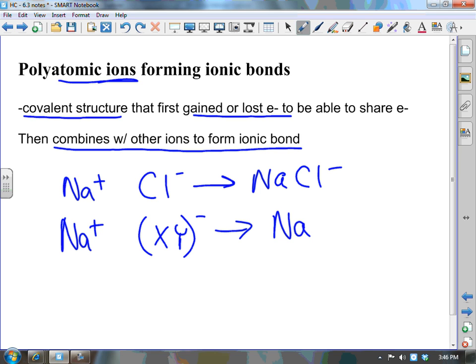The exact same thing applies, except instead of bonding to just a chlorine, it bonds to a structure that has several atoms. It's the same principle: opposites attract, positives and negatives, but that other structure is not a single atom like chlorine, but a polyatomic ion.